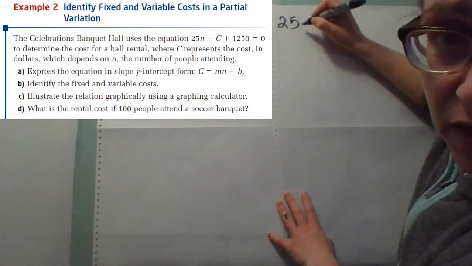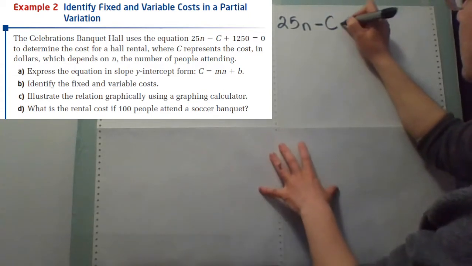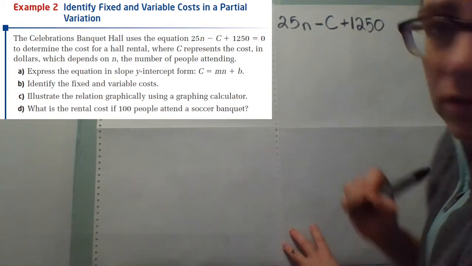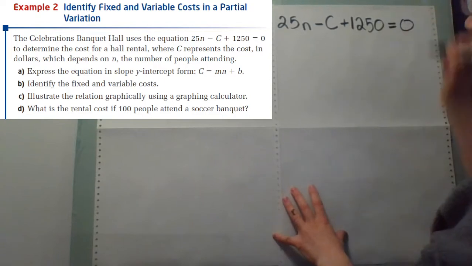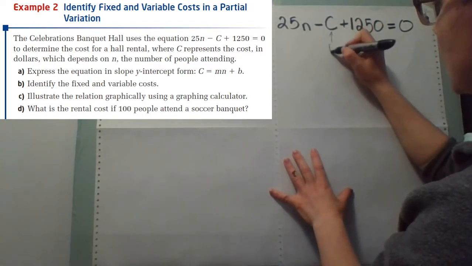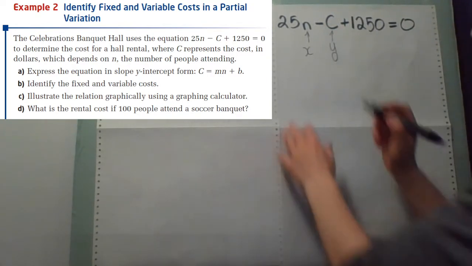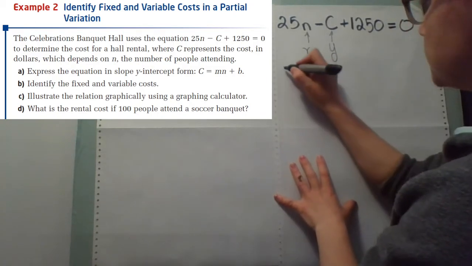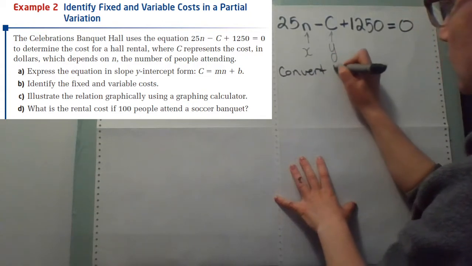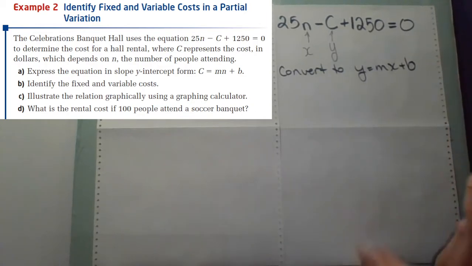So we have 25n minus c plus 1250 equals 0. We're being told that c is really my y, n is really what we're used to seeing for our x, and we want to turn this into our y equals mx plus b form.